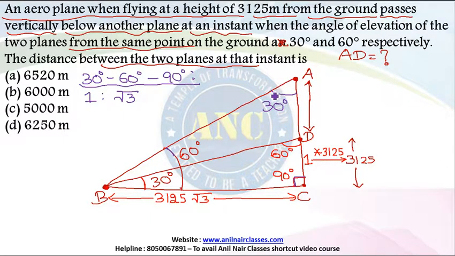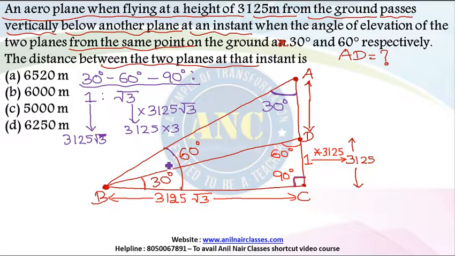But opposite to 30, the side is already fixed here as 3125 root 3. That means 1 should become 3125 root 3. 1 into 3125 root 3 is 3125 root 3. Root 3 also is multiplied by 3125 root 3. 3125 root 3 into root 3 is 3125 into 3.